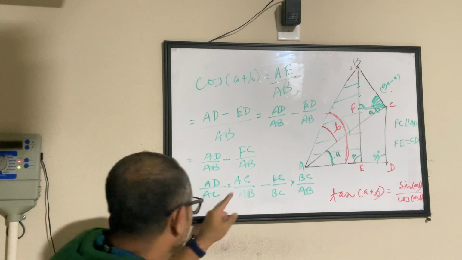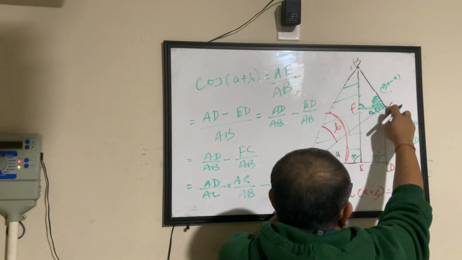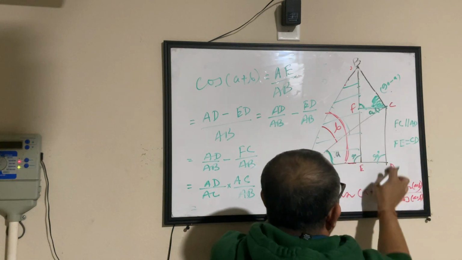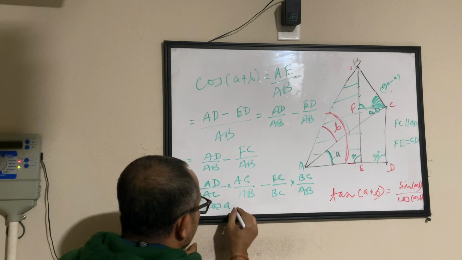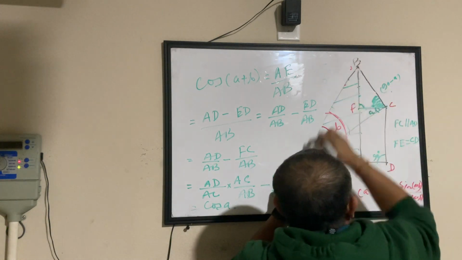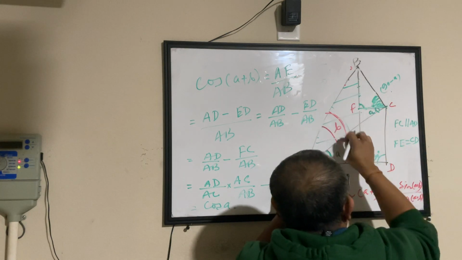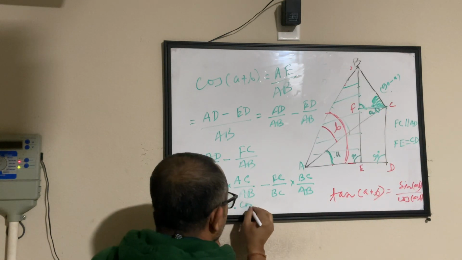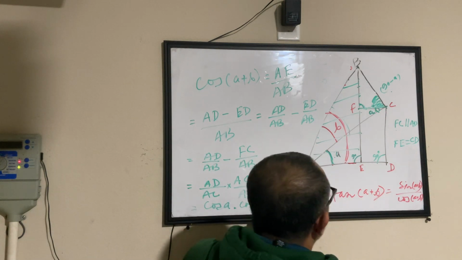Now look at this. AD divided by AC. What is this? This is angle A. AD by AC is nothing but cos of A, times AC by AB. Again, this is part of this right angle triangle. AC by AB is nothing but, this is angle B, so this is cos of B. Minus FC by BC.